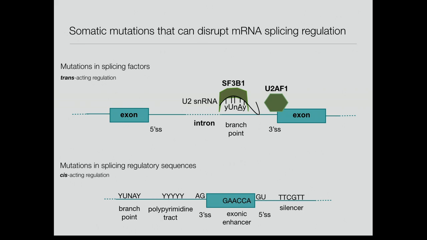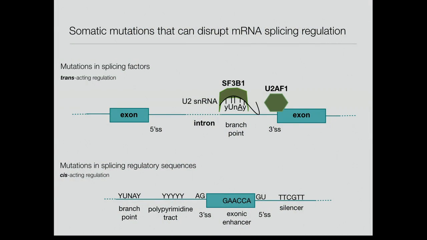These are mutations either directly at the splice sites or potentially within the exon or within the flanking intron. All these sequences are known to typically act as binding sites for trans-acting factors, and these sequences can also be mutated and then affect splicing downstream.